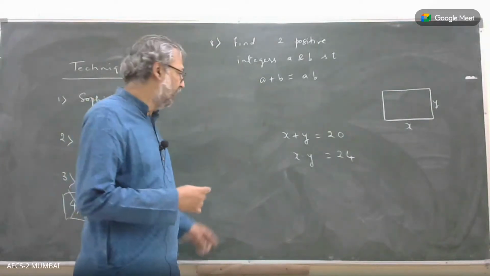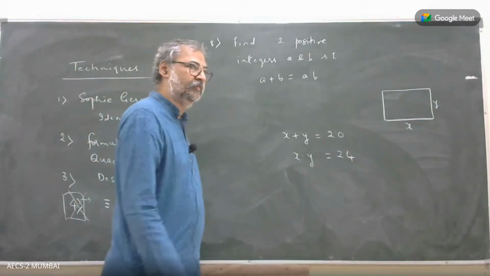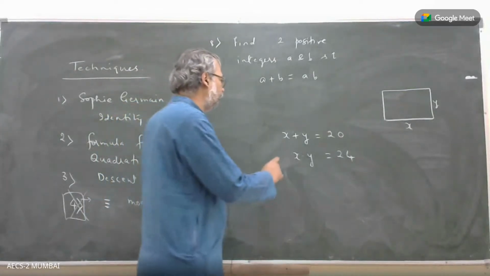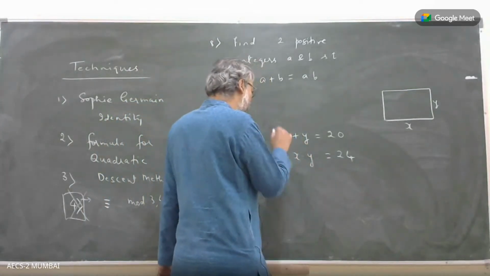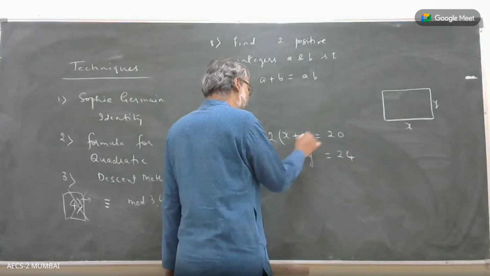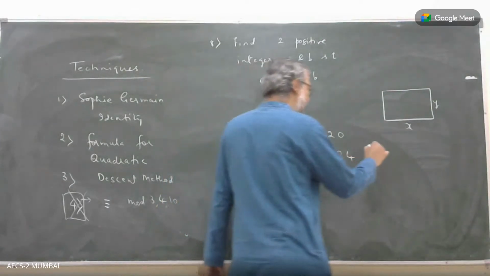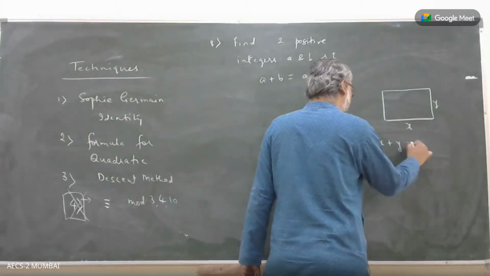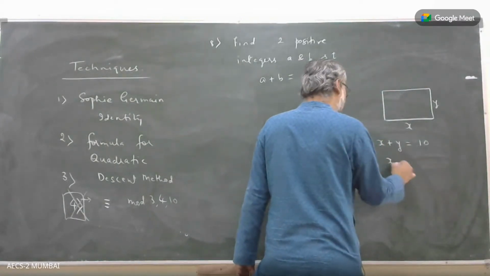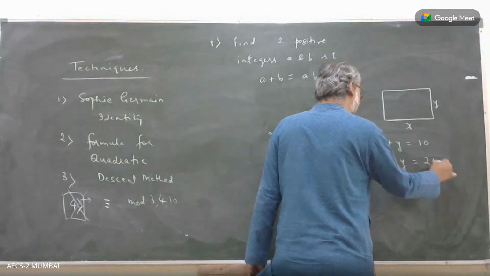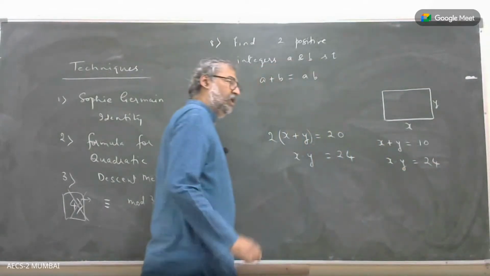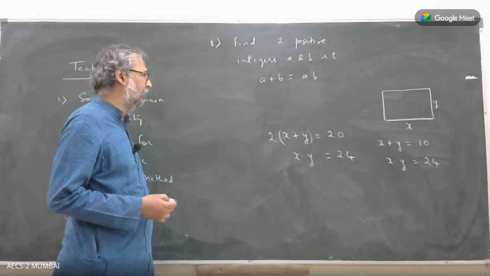So this led them to a quadratic equation. What is the perimeter? It is 2 times x plus y, right? So x plus y is 10 and xy is 24. Now luckily this has an integer solution, but otherwise how to work such a problem?